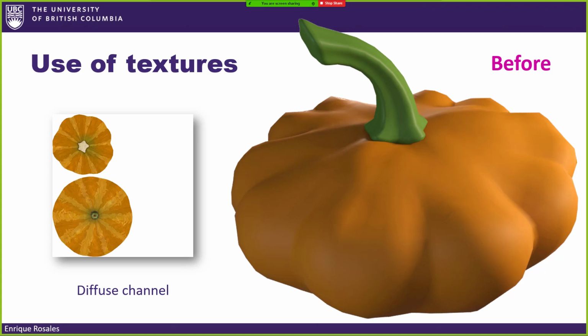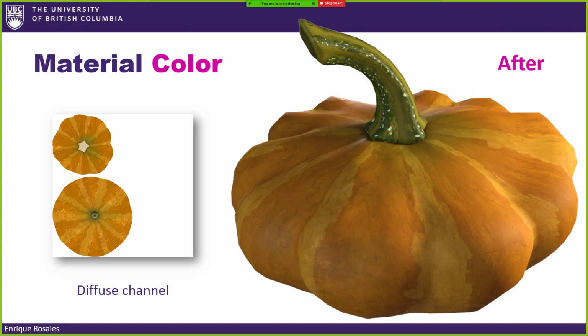What is happening there is that the vertex color is not defined in the JavaScript; it is read from a file. So this is the before, and this is the after. We are getting a far more realistic object just by using a different texture. That is the most obvious application of textures, as material color.